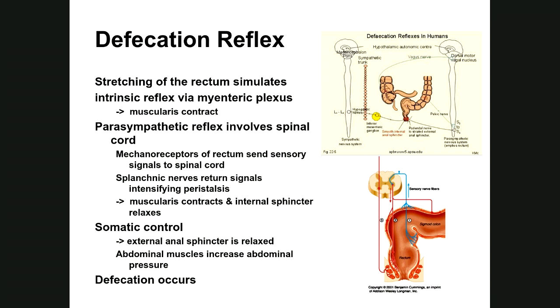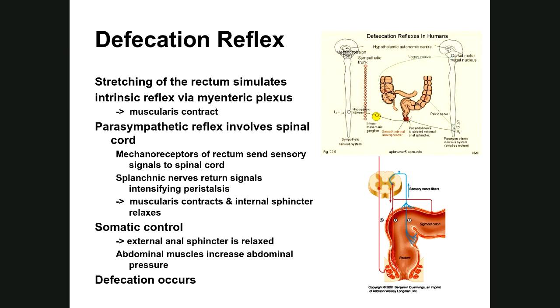We move to defecation, how it happens. Stretching of the rectum stimulates the enteric reflex via the myenteric plexus. During this time, the muscularis contracts. The parasympathetic reflex involves the spinal cord. We have some receptors in the rectum, mechanoreceptors, that send a sensory signal to the spinal cord.